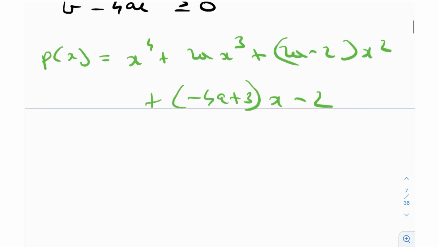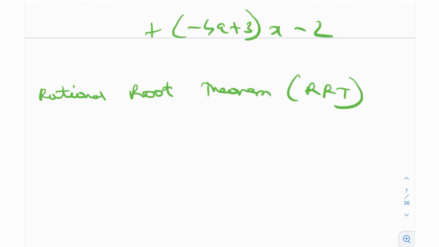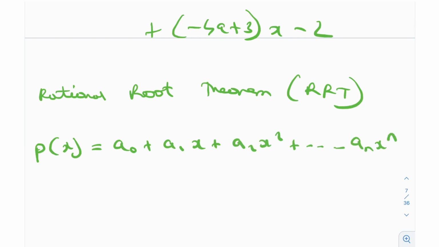Now, how do we find the roots of this p of x? That is where the rational root theorem comes in, or in short we call this RRT. Okay, great. So what does this say? Let's say we have a general polynomial p of x, a0 plus a1x plus a2x squared all the way up to an x to the power n.